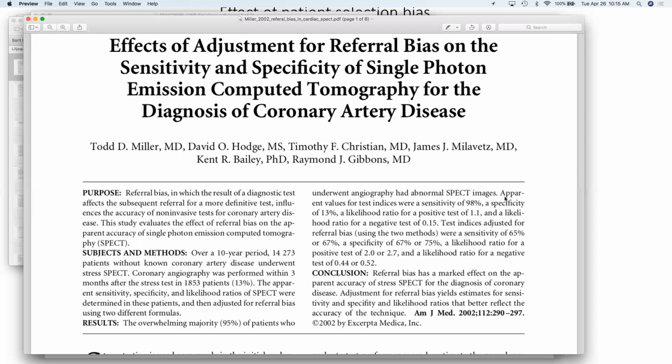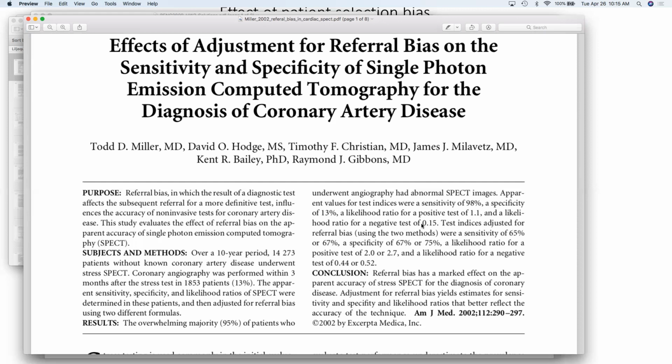So anyway, when you calculate your sensitivity with this data set, you get 98% for obvious reasons, right? Because it's so heavily weighted towards people that have coronary disease on the angiography. The specificity was very low, right? Because they didn't have many patients to test for false positives.